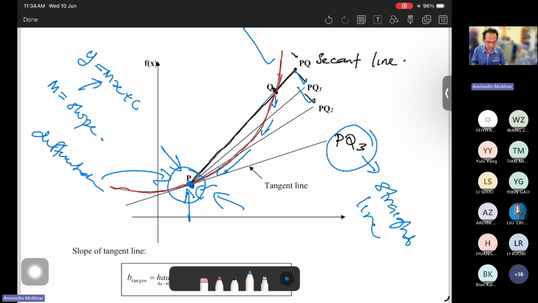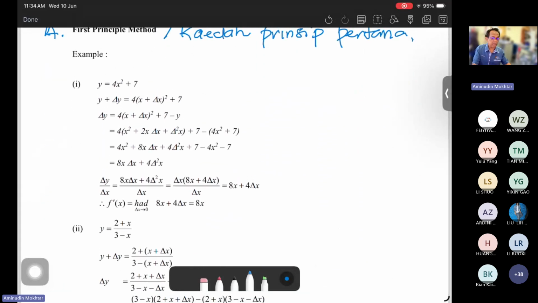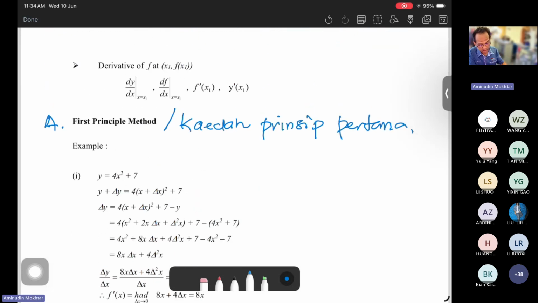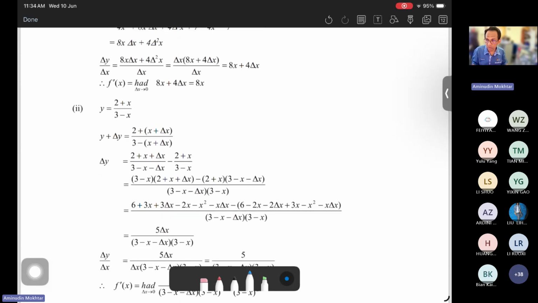There are two methods. The first one is we're going to use the first principle method. The second one is the rule of differentiation. Okay, what is the first principle method? Please refer to page 3. I will explain one by one. I hope you can pay your full attention here.